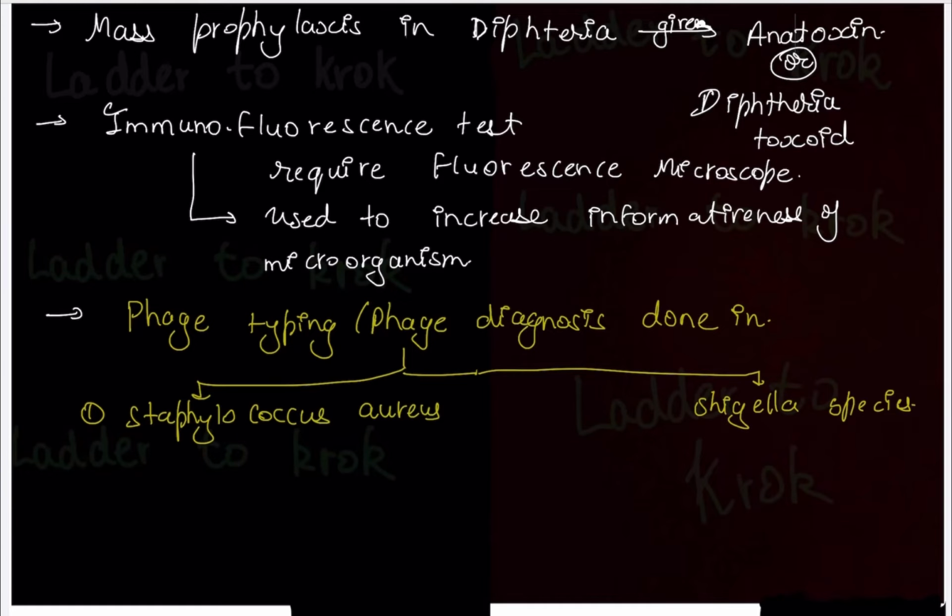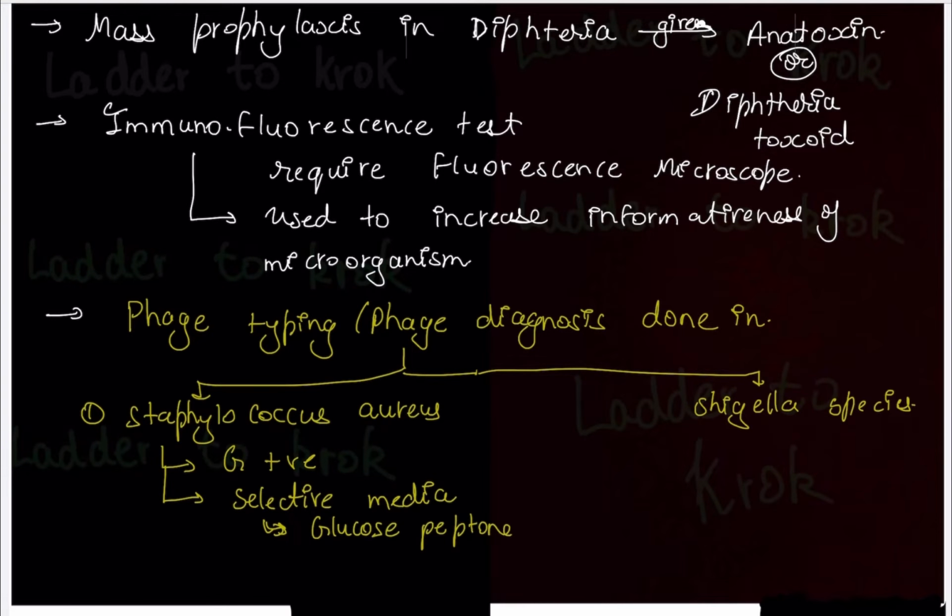Let me tell you something about Staphylococcus aureus. It is gram positive, and the selective media is glucose peptone broth. Selective here means it is used to isolate this Staphylococcus aureus from other species. One more feature: whenever it forms colonies, it forms grape-like clusters.